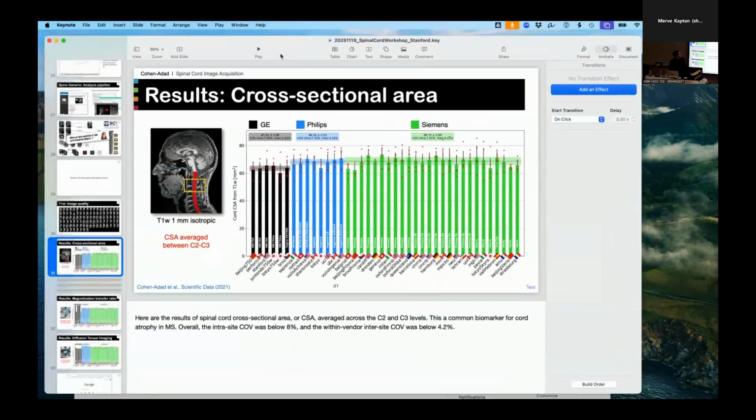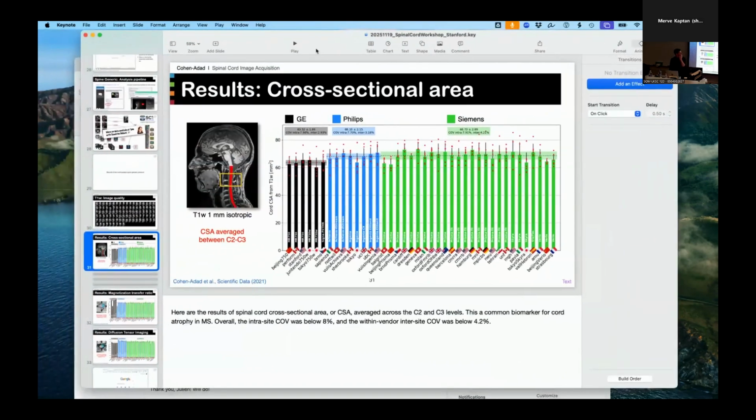I think it could be due to a couple of things. It could be due to the parameters not being exactly the same in terms of TR, flip angle, and so on. And if the contrast changes slightly, then the algorithm to estimate the cord boundary would also change. Filters that could be applied by vendors could also play a role.